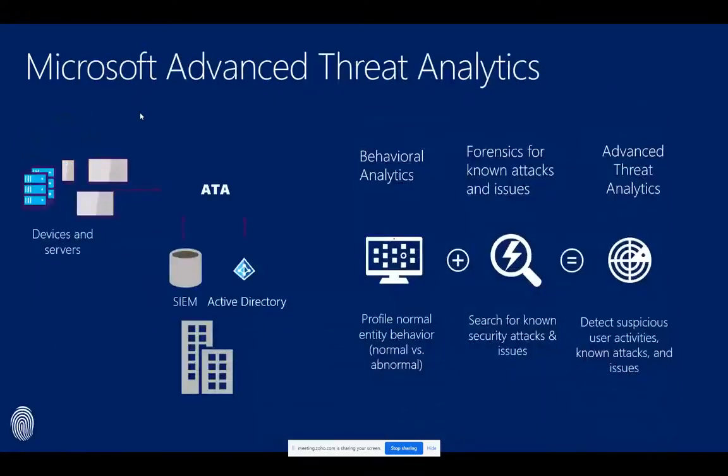This comes along with advanced threat analytics in the backend and your Defender for Identity as a solution, which can be implemented with your domain controllers. Advanced threat analytics gives you an information graph about the user accounts, probably the most vulnerable or the most compromised user accounts.